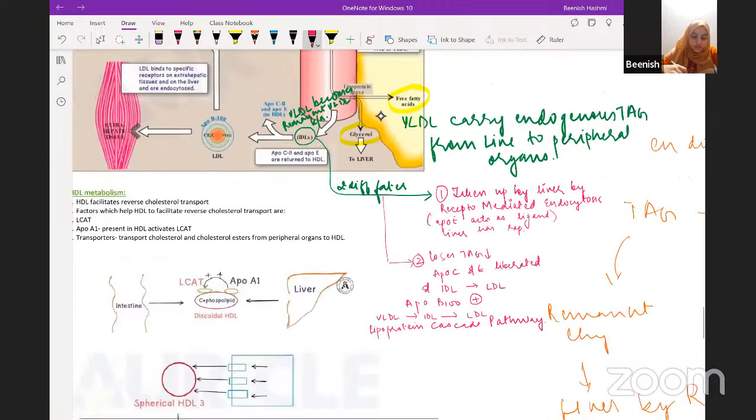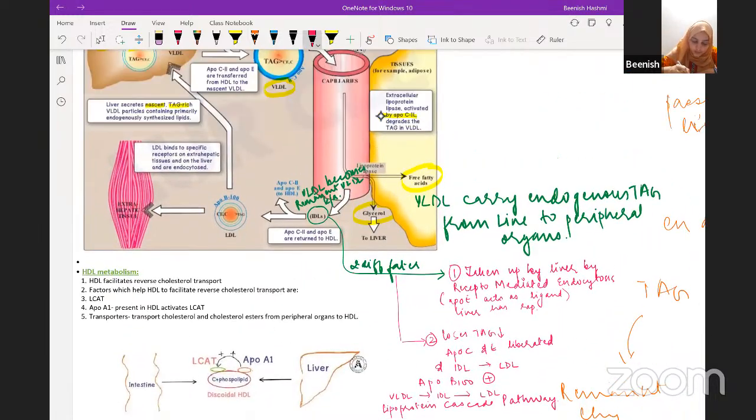Now let's see what happens. You can see ApoC2 and ApoE are returned back to the HDL, and what are you left with? You are only left with ApoB100, and this is known as LDL.